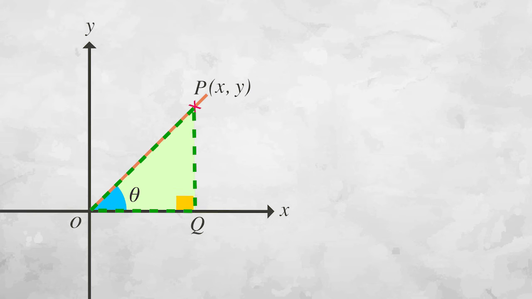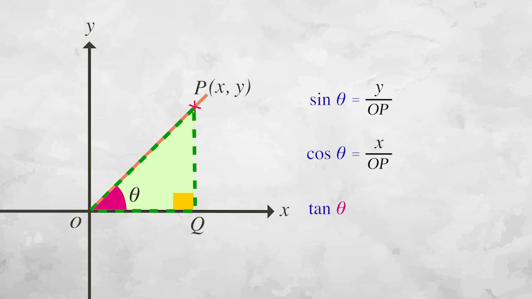We form the right-angled triangle OPQ and use it to help us to define the sine of angle theta as the y-coordinate of P over the length of OP, and the cosine of angle theta as the x-coordinate of P over the length of OP. How about the tangent of angle theta?